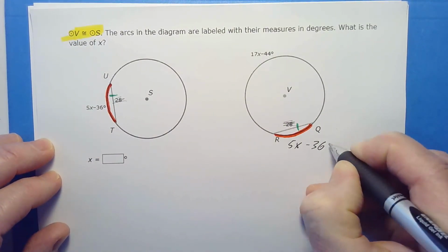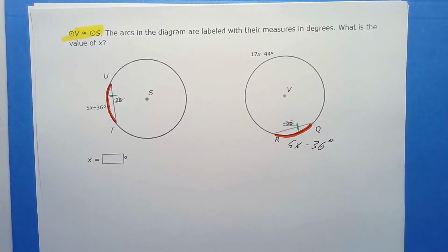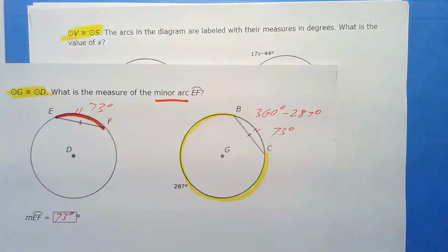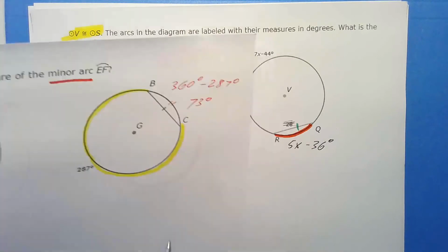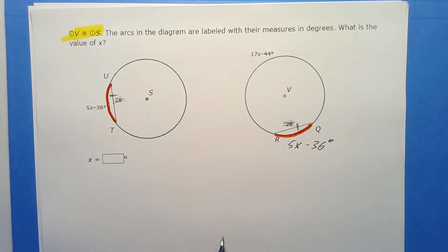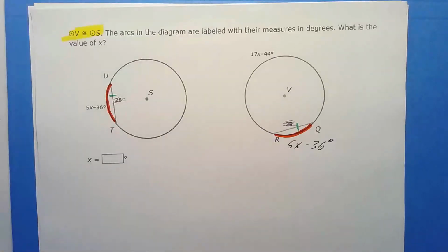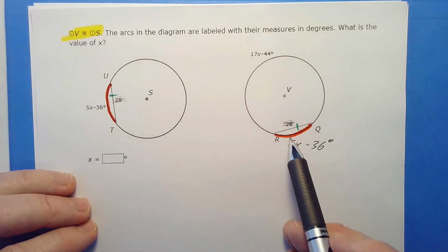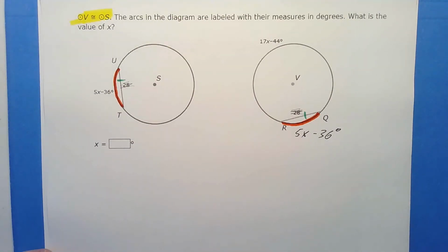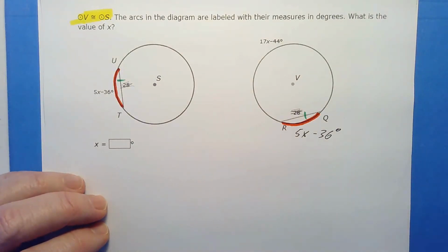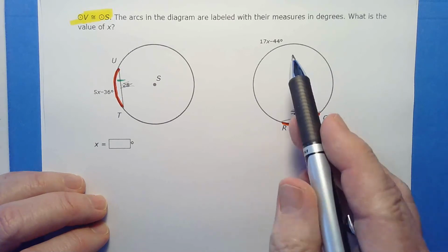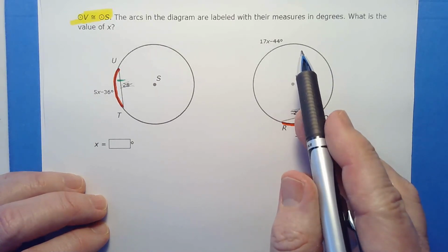Before, in the previous problem, we were setting lengths equal. This time it's a different kind of equation: we're adding them up and showing that they equal 360. I'm not going to set 5x minus 36 equal to 17x minus 44, because that's not true.